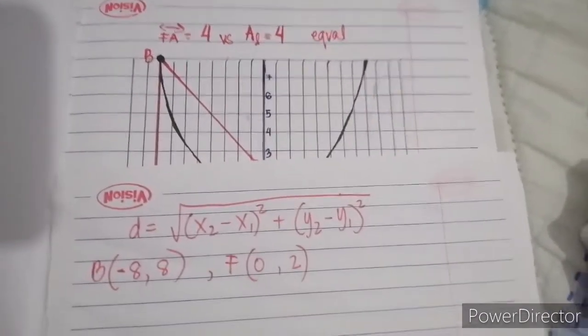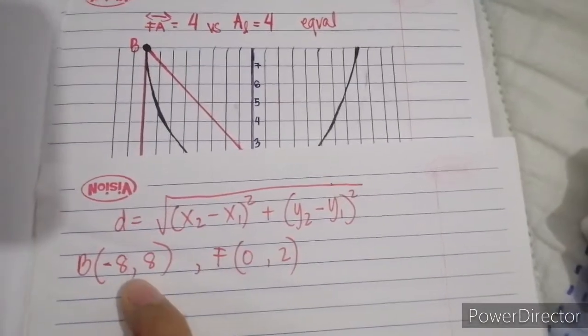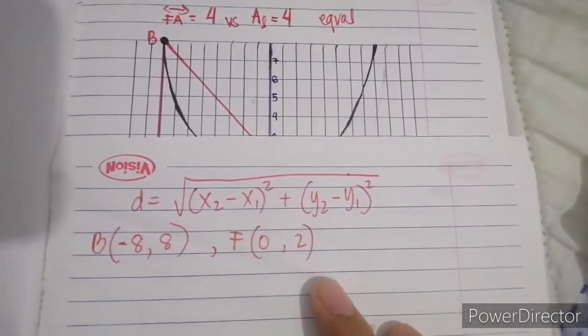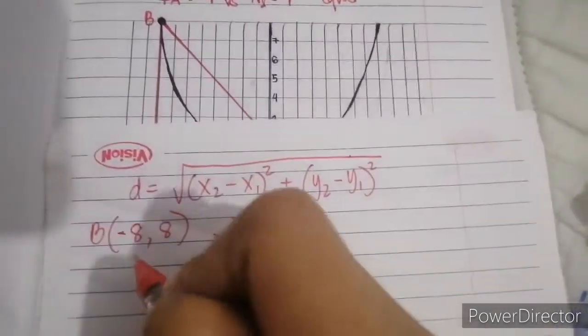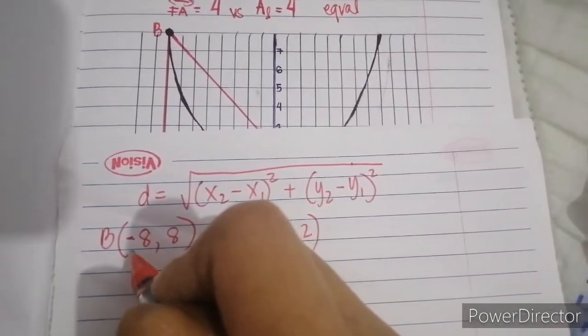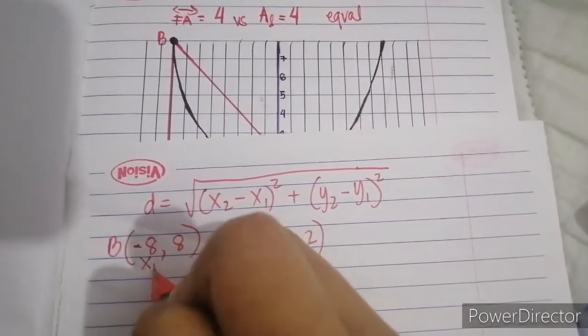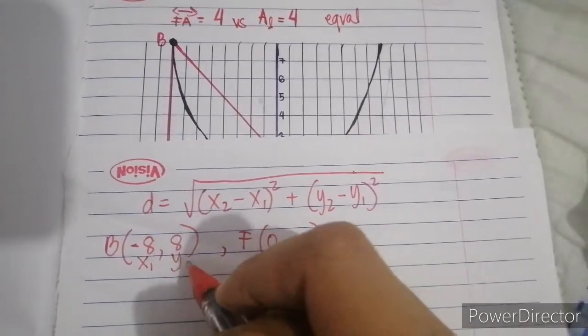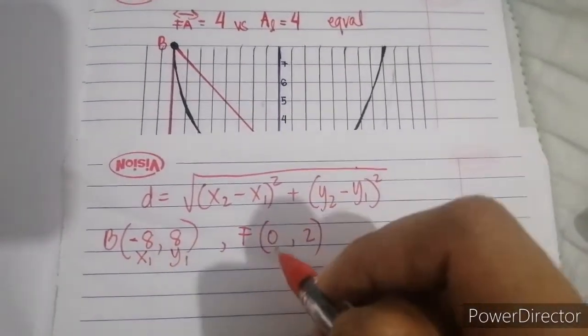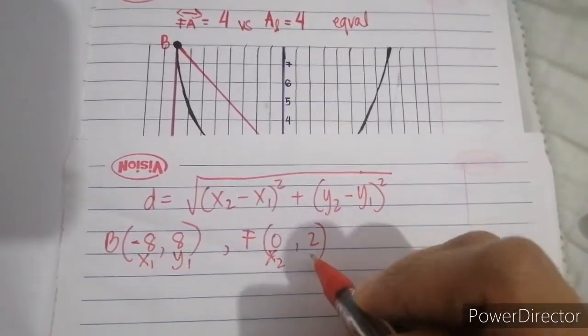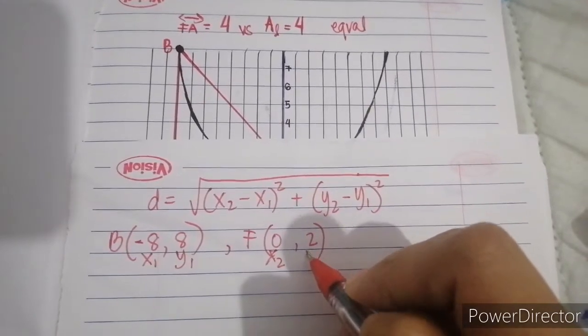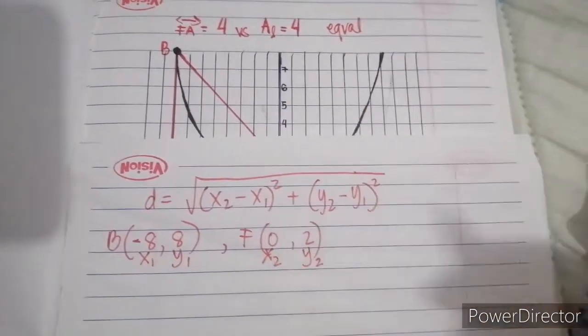Let's say our B is our first point and our point F is our second point. So -8 is our x sub 1, 8 is our y sub 1, 0 is x sub 2, and 2 is y sub 2.